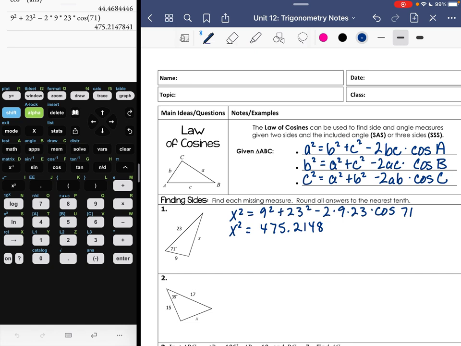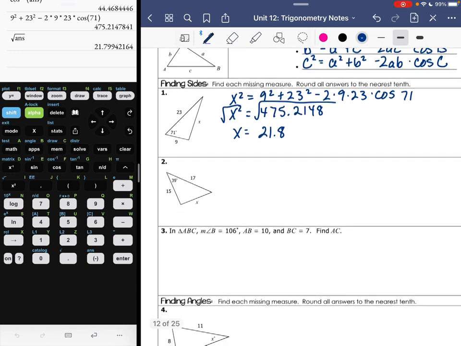And then we have to round our final answers to the tenth. So you can go ahead and do the square root of that answer. That will give you the most accurate side length. So that's 21.8. This is a side length, so no degrees. And you're done. So right here, if you want to, you can say that you're doing the square root. But obviously that's what you did since it was x squared and now it's just x.